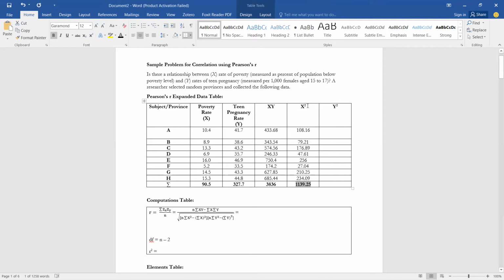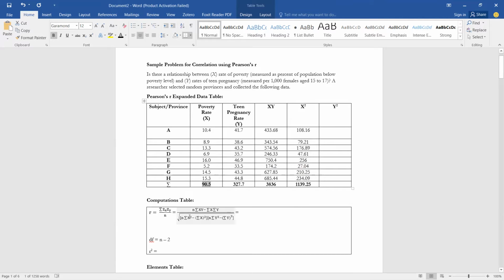Okay, so remember, you sum the column, no? You don't get the square of the sum of x. No, you will end up with the wrong values for your denominator.